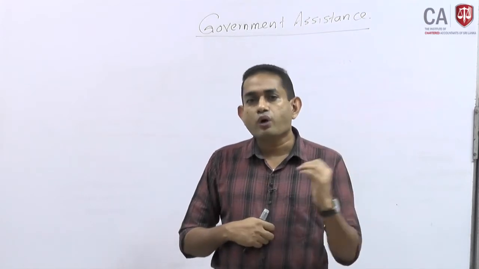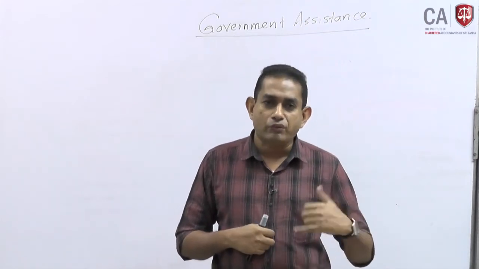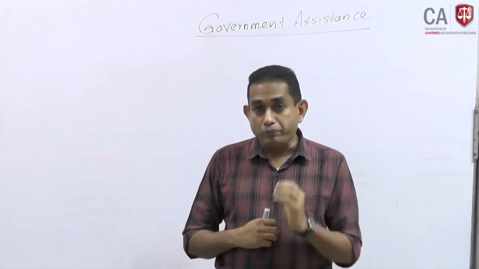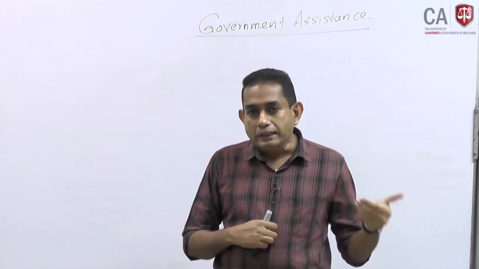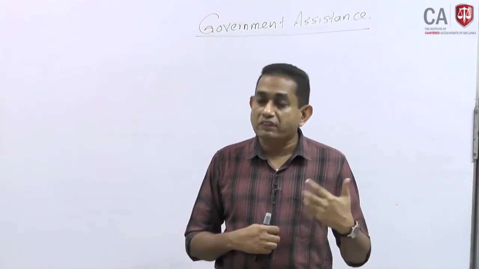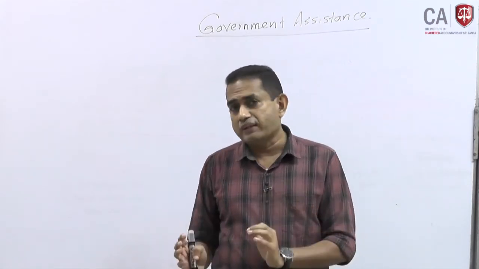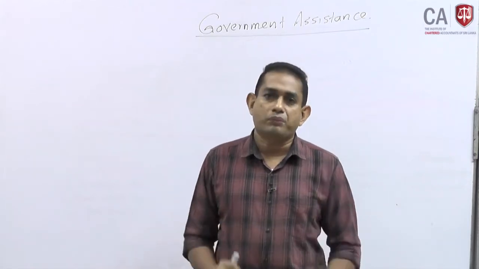Why? What you got is not from the government, what you got is from someone else. So make sure it has to be something we received either from the government or from the government agencies, and then only you can apply LKAS 20 for the accounting part of it.